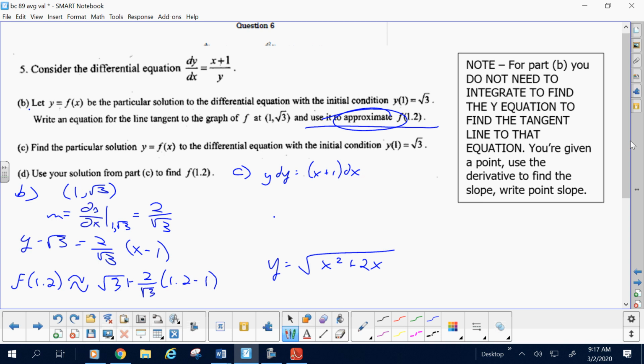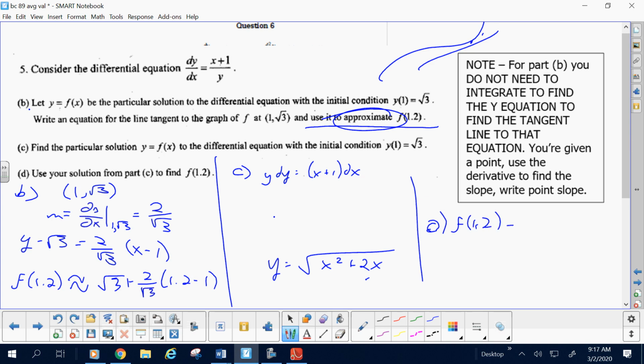Okay, and you had a whole lot of work in between, integrating, finding c, choosing plus or minus, based on the fact that now you really know the true curve, not just a tangent line estimate. Now you can say that f at 1.2 is truly equal to whatever that is at 1.2. I have 1.9595. You down?